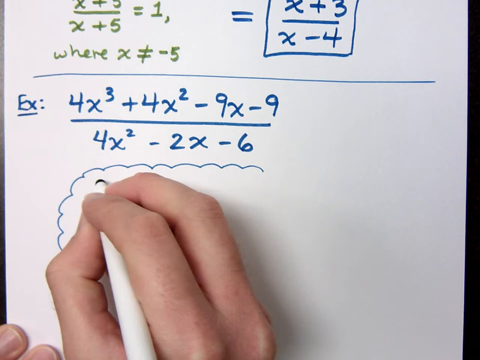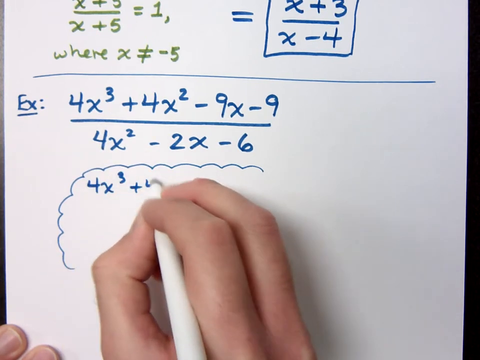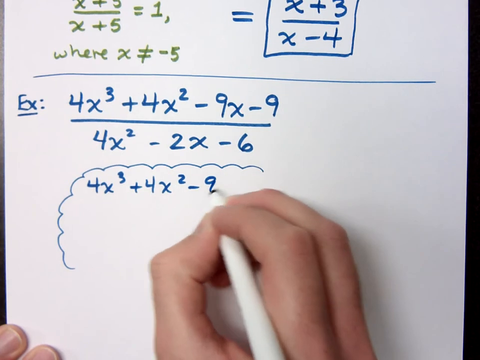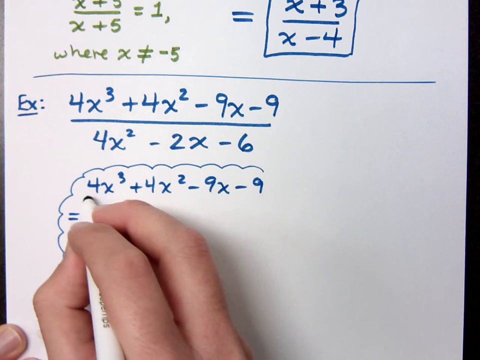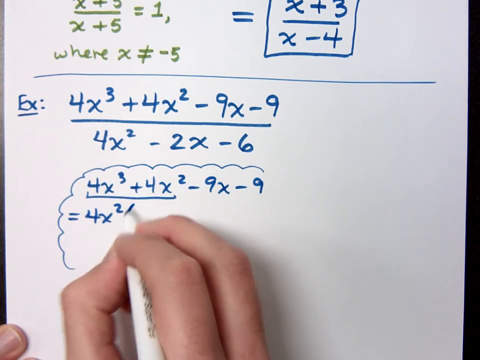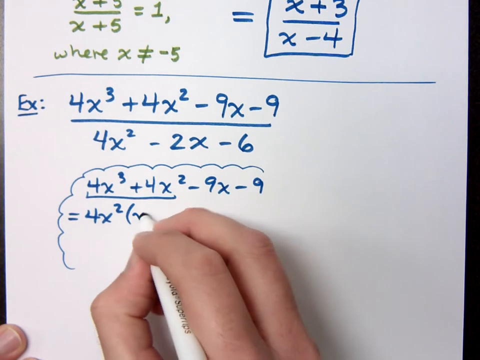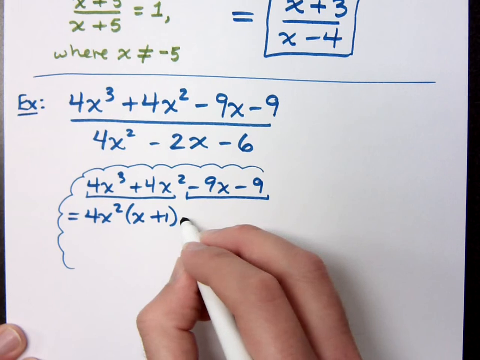So if I take this one right here, 4x to the third plus 4x squared minus 9x minus 9. What can you take out of that first group? Okay, and what are you left with? We got x plus 1. What about the second group? What's the common factor? Negative 9. Take out negative 9.